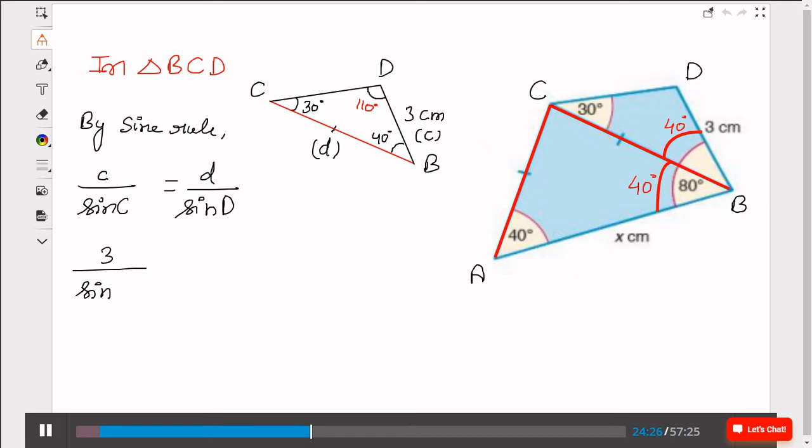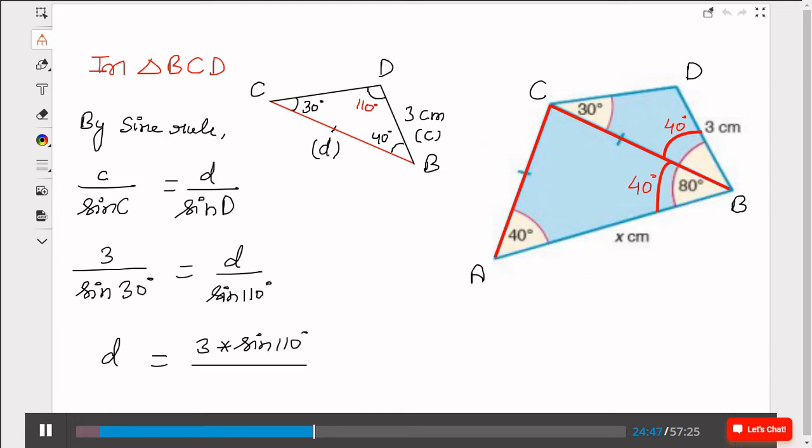We transform the terms from one side to the other. So d equals 3 times sine 110 degrees over sine 30 degrees. When you bring sine 110 to the other side, it goes in multiplication with 3, and sine 30 is at the denominator.